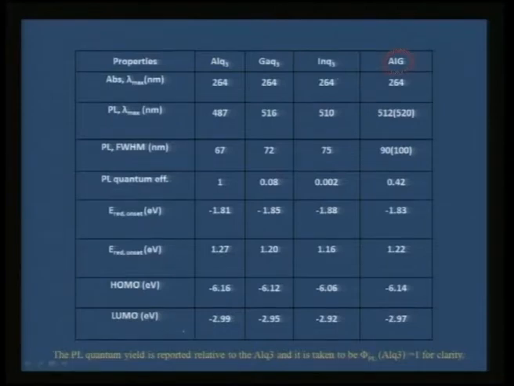You can see that the absorption is placed somewhere closer to indium and gallium, and then the PL is exactly mid placed between the aluminum and gallium complexes, and so are all the HOMO-LUMO values, everything is recorded, which clearly shows that such a solid solution can be achieved.